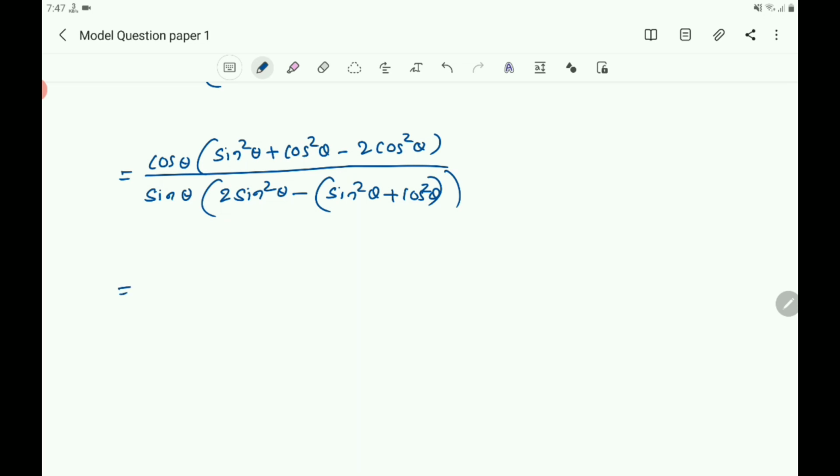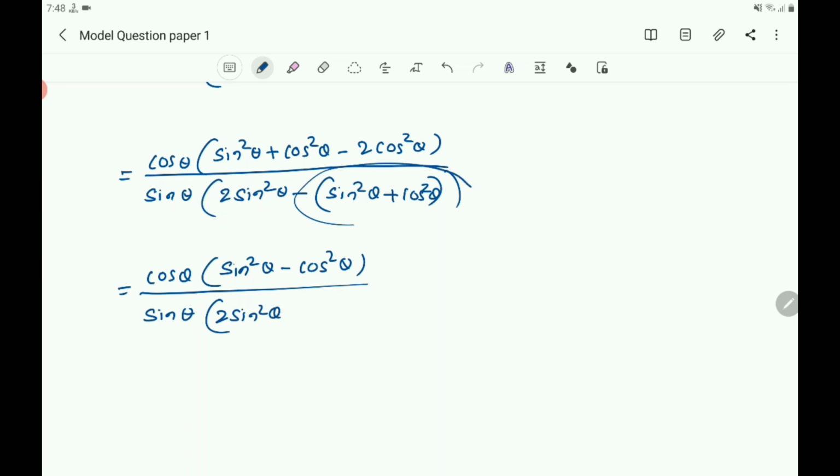Now that is cos theta into, you write sin square theta as it is, sin square theta, cos square theta minus 2 cos square theta is minus cos square theta, and this is sin theta, and 2 sin square theta, open the bracket here, as there is a negative sign you have taken bracket.